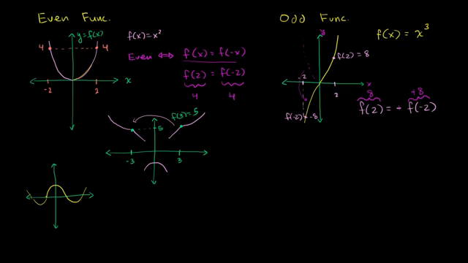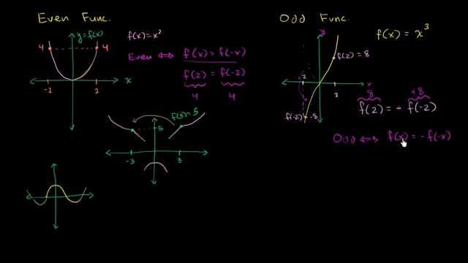So here's the definition. You are dealing with an odd function if and only if, for all the x's for which that function is defined, f of x is equal to the negative of f of negative x. Or you'll sometimes see it the other way.